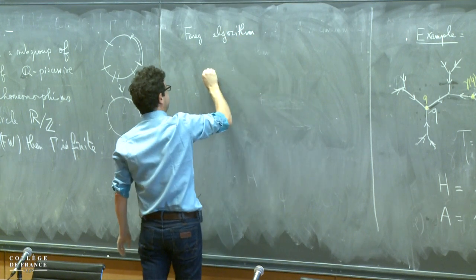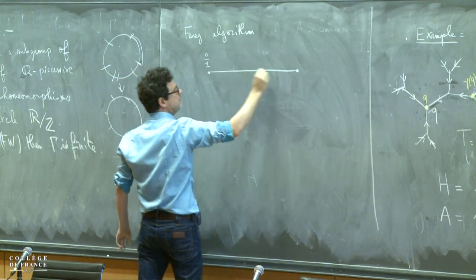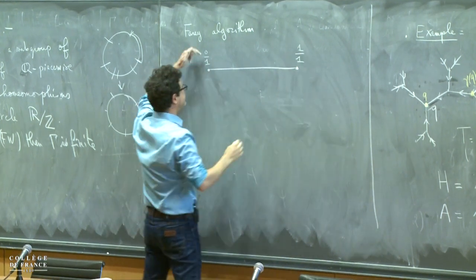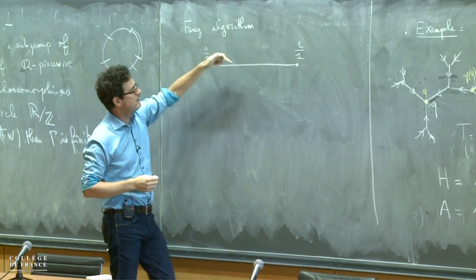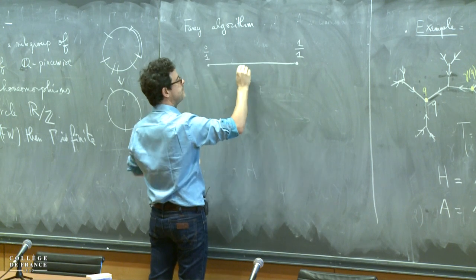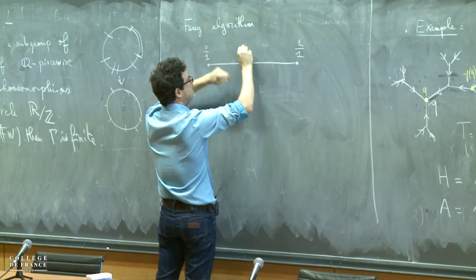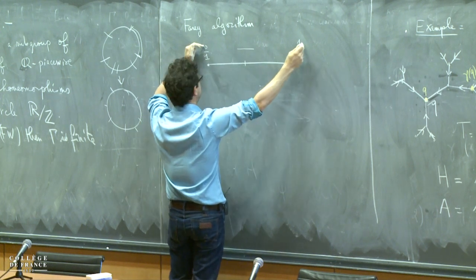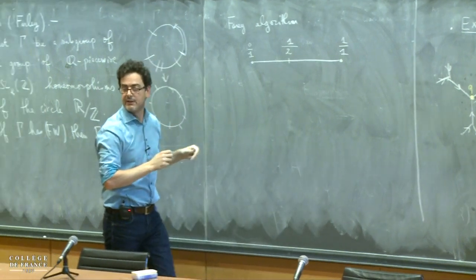You start with the segment with extremities 0 and 1. I write 0 as 0 over 1 and 1 over 1 for 1. And then you can produce all rational numbers like this. You start with these two rational numbers, and then you add up, as my daughter did last week. And then you continue.